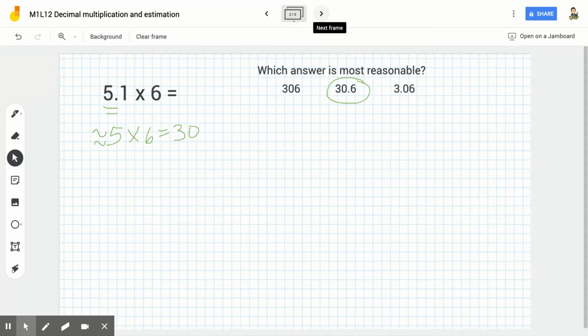In the homework, the students will be asked to prove this answer using letters, words, numbers, or diagrams. I decided to use this diagram where I have the area model, which I have 6, then 5.1 would be 5 ones and 1/10.